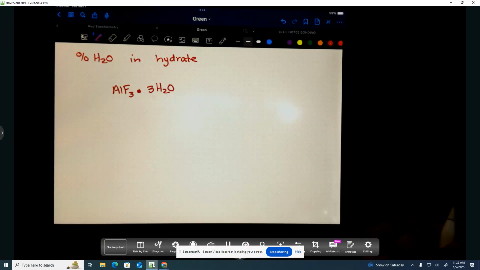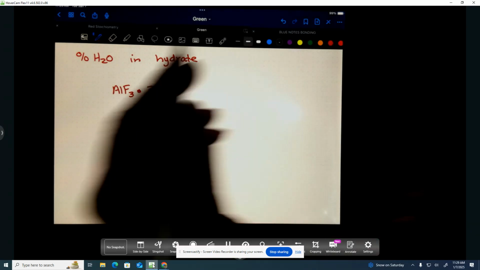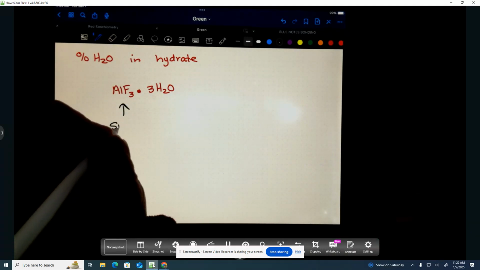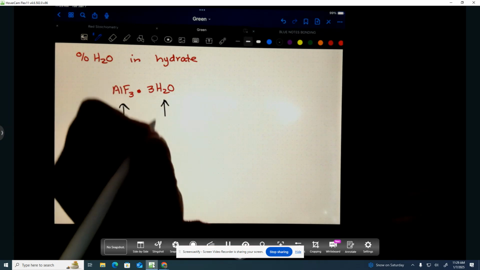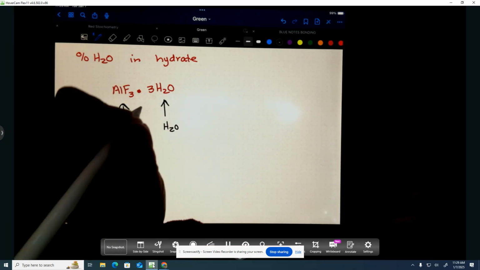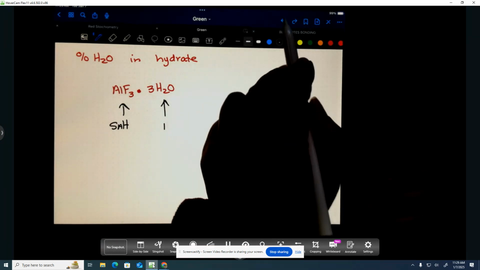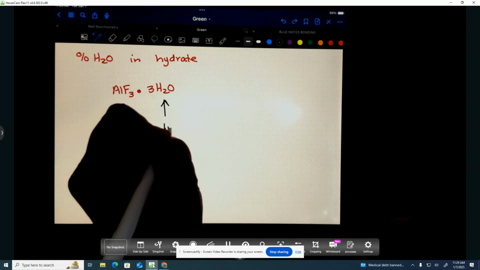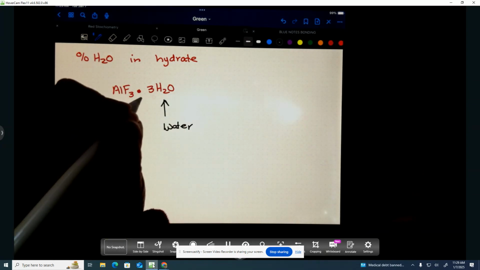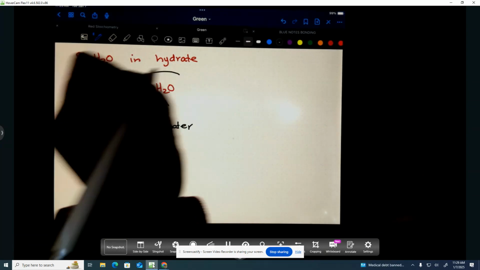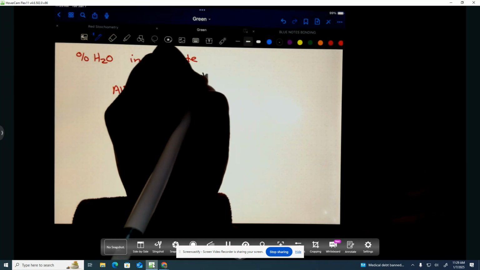That's a hydrate. And what I mean by hydrate is that there is a salt and it has water attached. This little dot right here means attached.